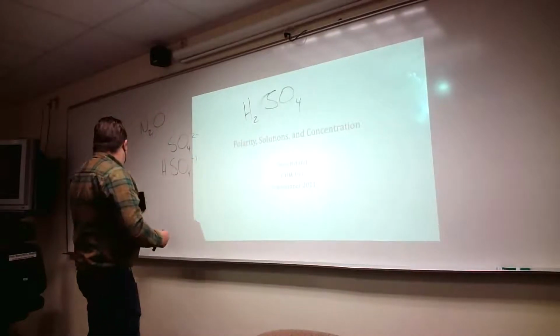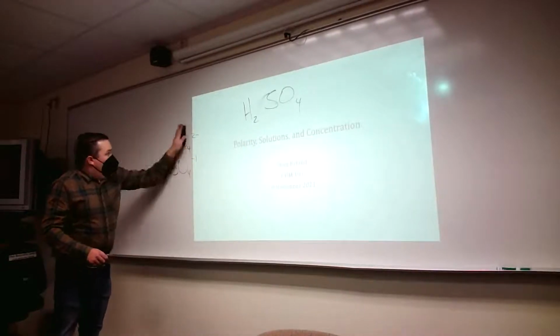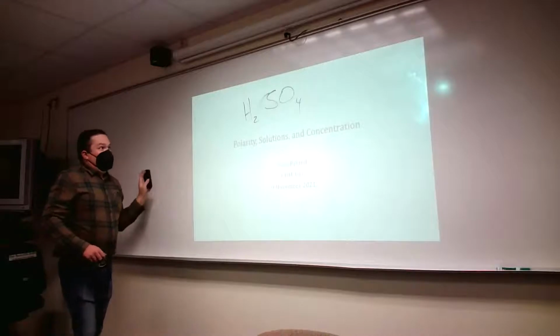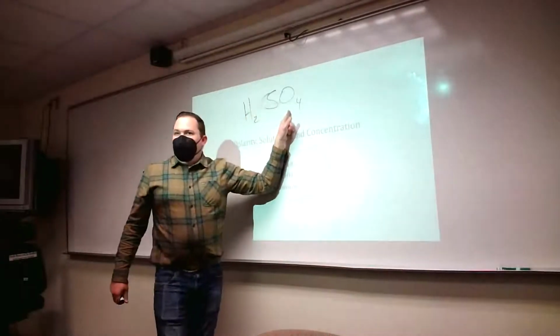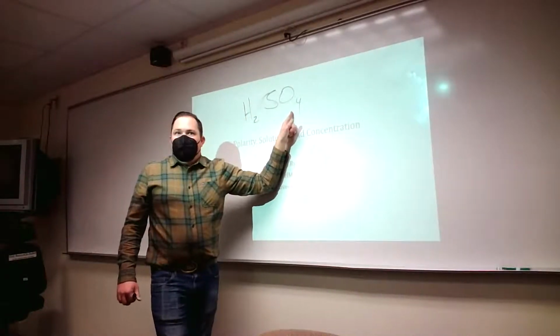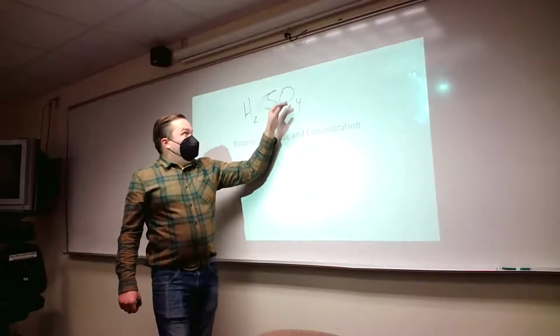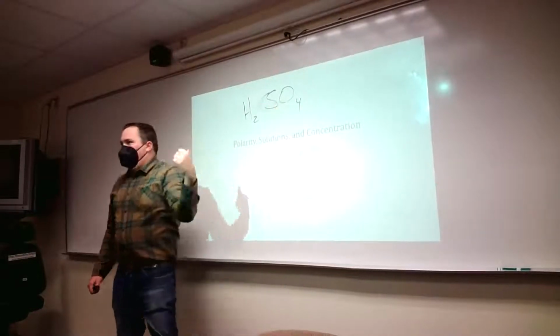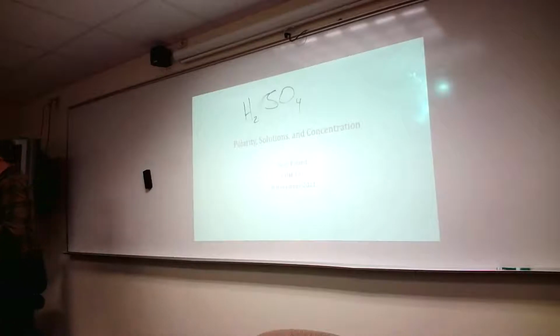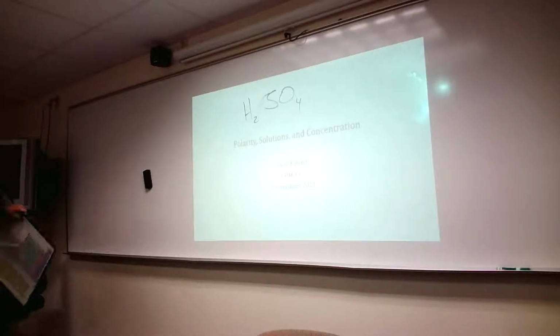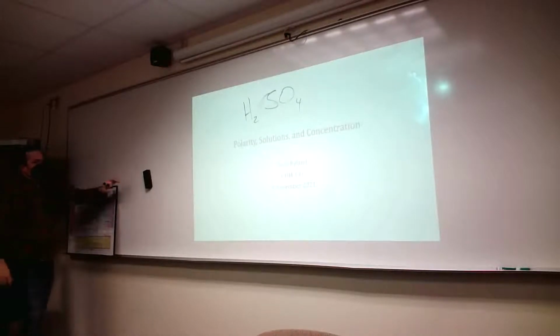Right, so the names for the acids are always based on what is the name of the anion. Right, and so the anions, whether it's a polyatomic ion, or just something on the periodic table, they only have 3 possible endings.